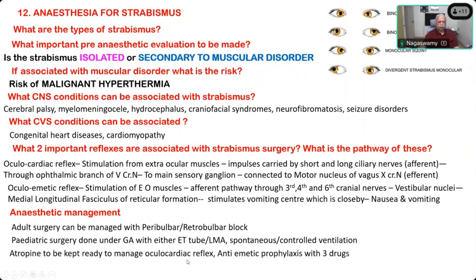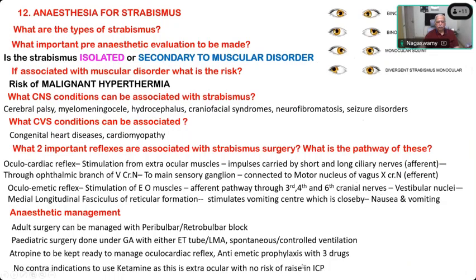Atropine to be kept ready to manage oculocardiac reflex. Antiemetic prophylaxis should be done with the three drugs which we said earlier: ondansetron, dexamethasone, and metoclopramide. And there is no contraindication, unlike congenital cataract, where we said ketamine is not to be used. Here we can use it because it's only an extraocular procedure and there is no risk of raised ICP.